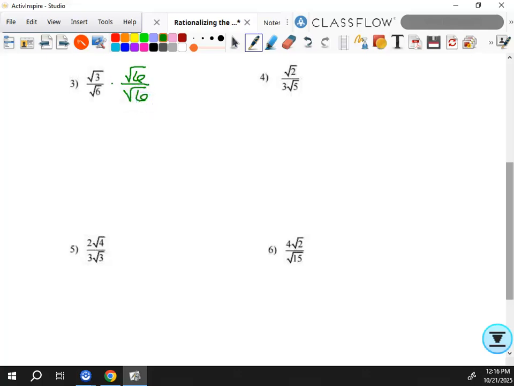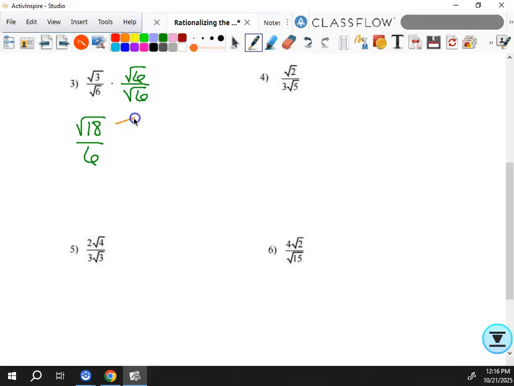Now, when I multiply 2 square roots together, multiply, not add, I get to multiply what's underneath. What's 3 times 6? 18. So I get square root of 18 over 6. 18, definitely not a prime number. So I need to try to simplify that.